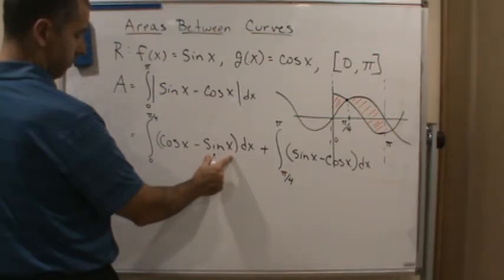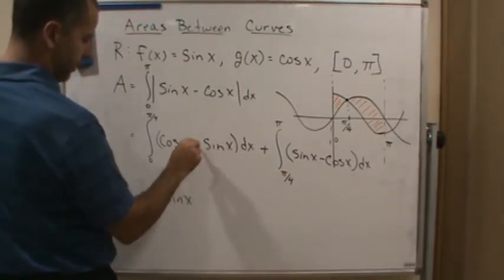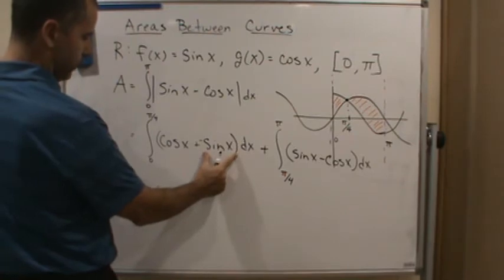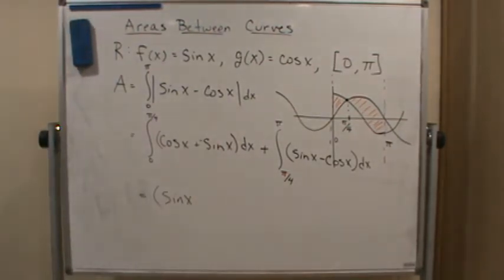The integral of negative sine x is cosine x, because the derivative of cosine x is negative sine x.